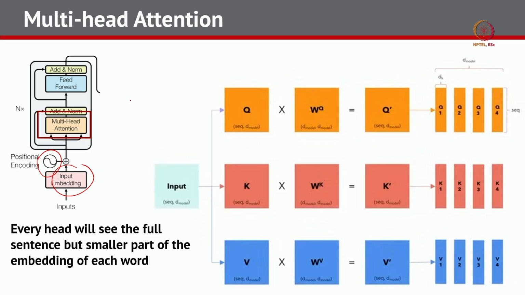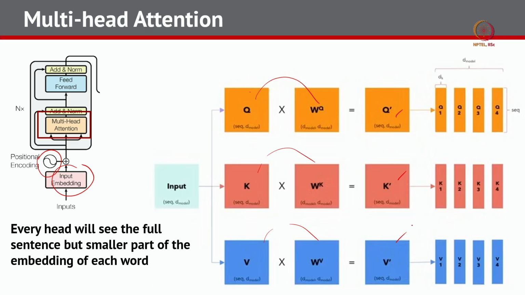And when we have multi-headed attention, we first multiply q, k, v with the corresponding weights. That means we multiply q with Wq, k with Wk, and v with Wv, so that we get this q prime, k prime, v prime.